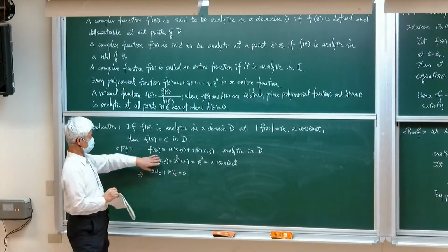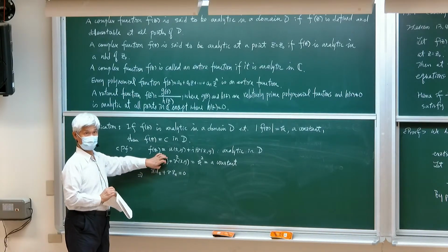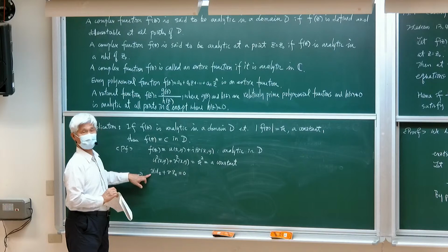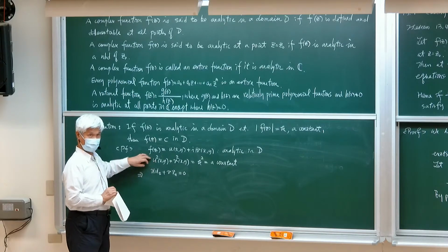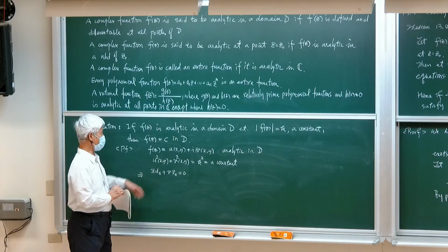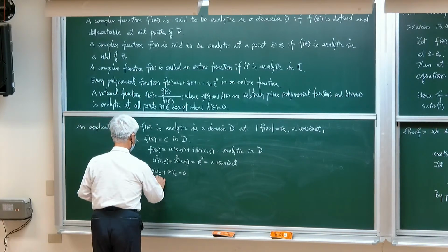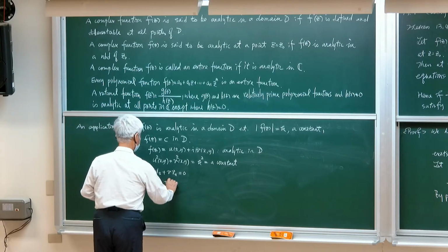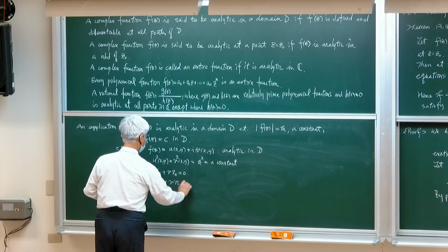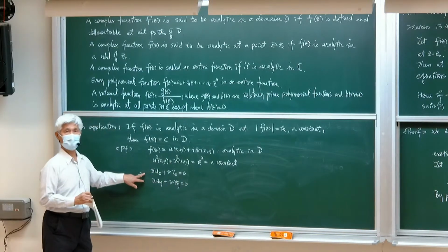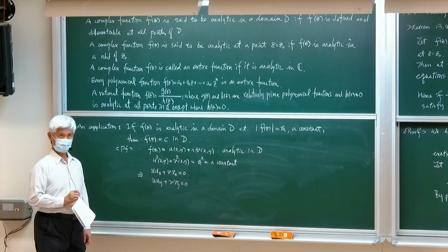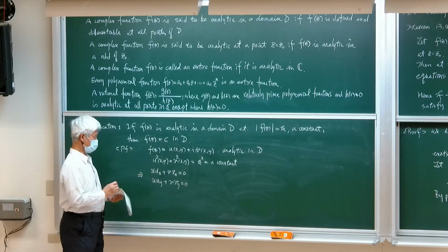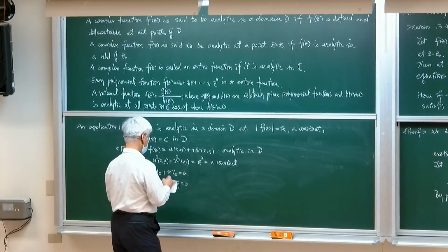And if we take the first order partial derivative with respect to y, then we have u u_y plus v v_y equal to 0. So we have these two partial differential equations here.